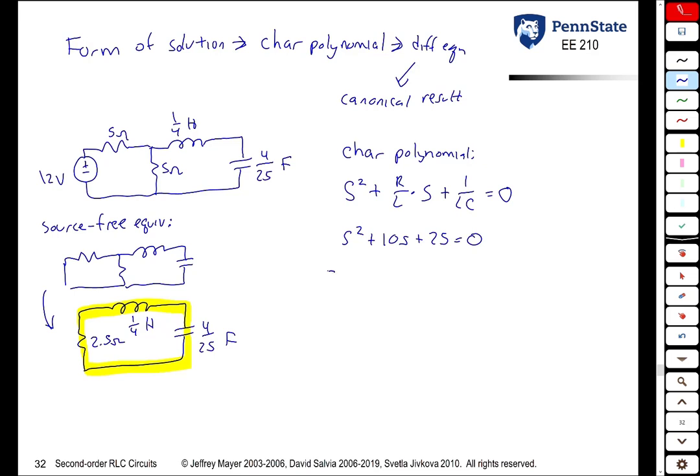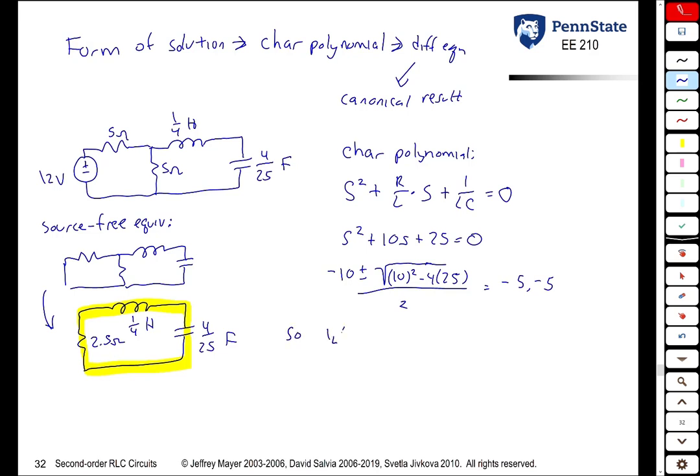Find the roots. Minus 10 plus or minus the square root of 10 squared minus 4 times 25 all over 2. We get repeated roots.